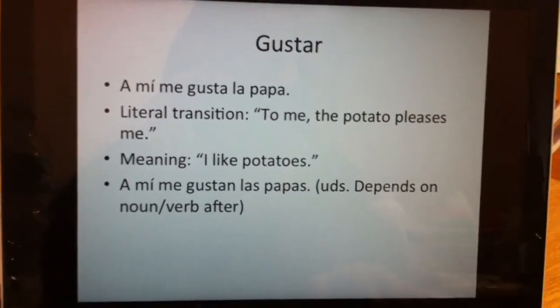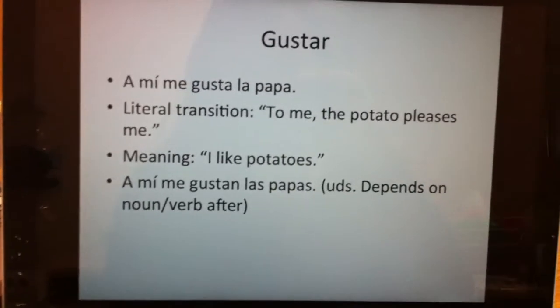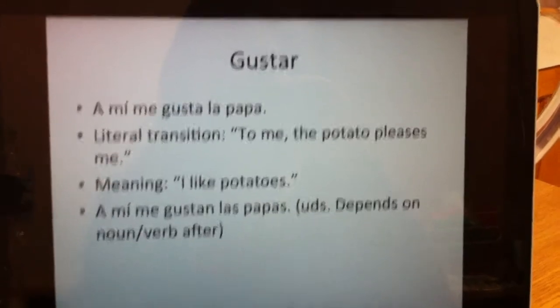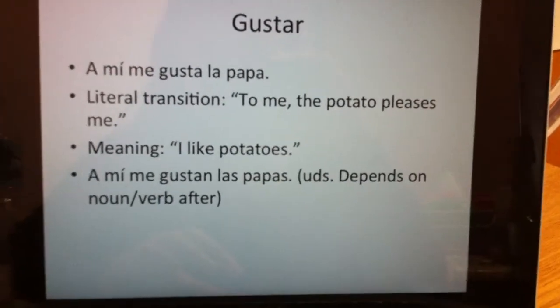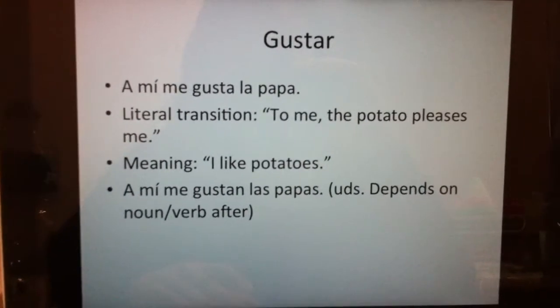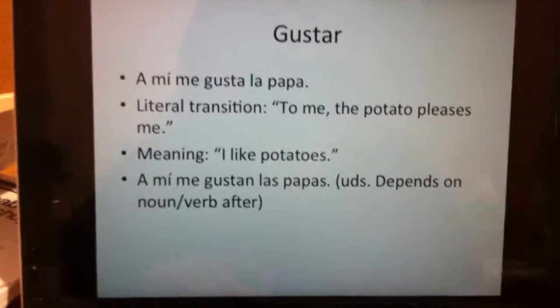Gustar and verbs like gustar are special. You're pretty much saying, okay, so in this sentence, a mí me gusta la papa, the literal translation means, to me the potato pleases me. But actually, they're just saying that I like potatoes.